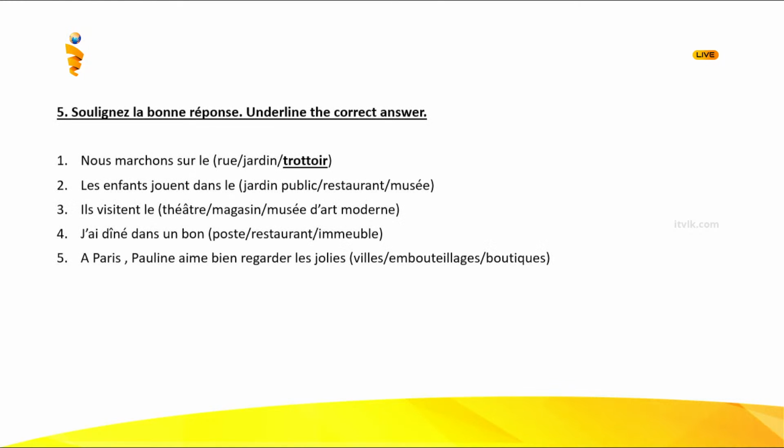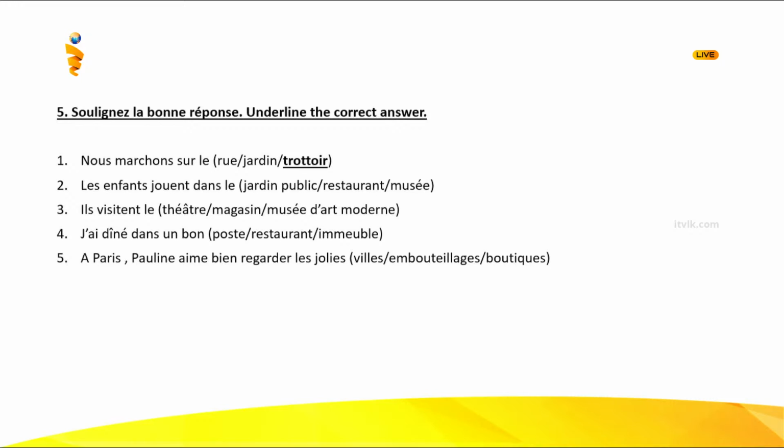The last question proposed here today for you is to understand the sentence and underline the correct answer. There again we refer to places or vocabulary related to the town. So for example, if we take the first one, "nous marchons sur le." Now that sentence ends with the definite article "le." So "le" we all know refers to something masculine, singular.